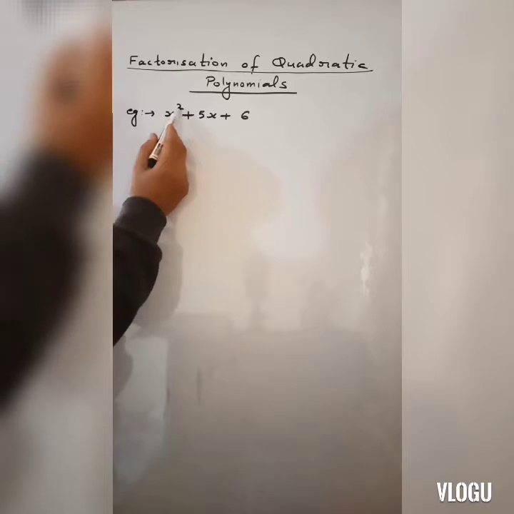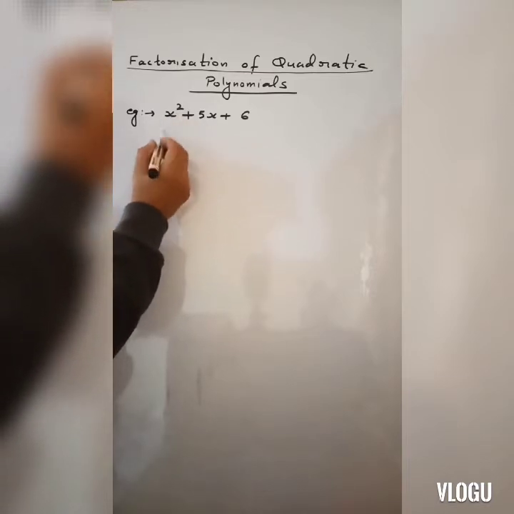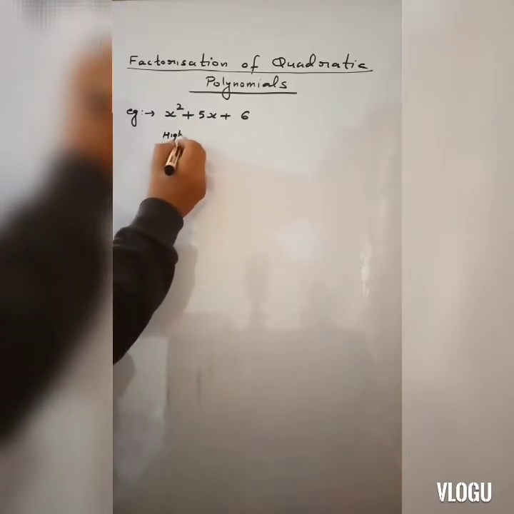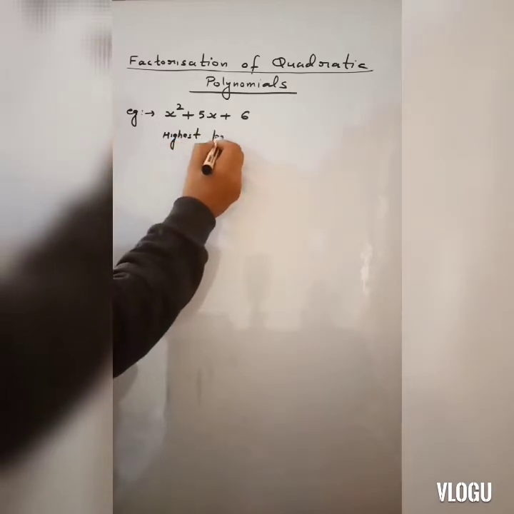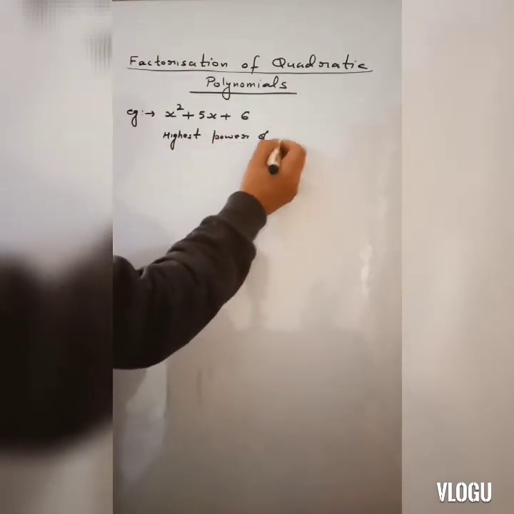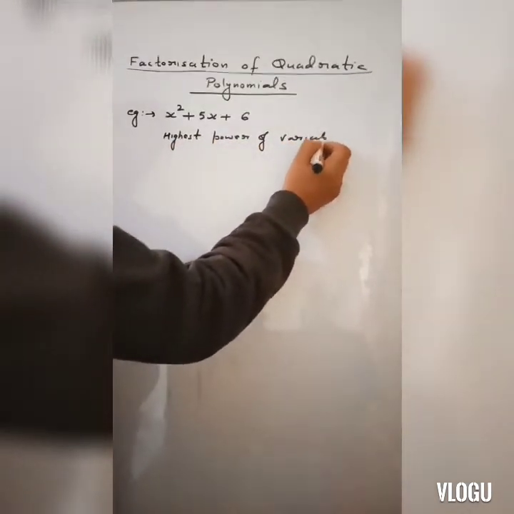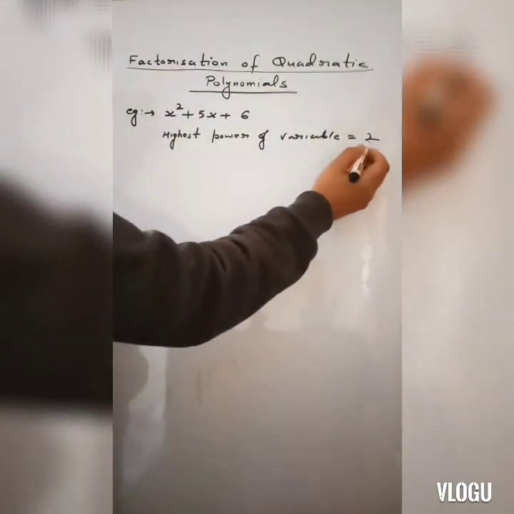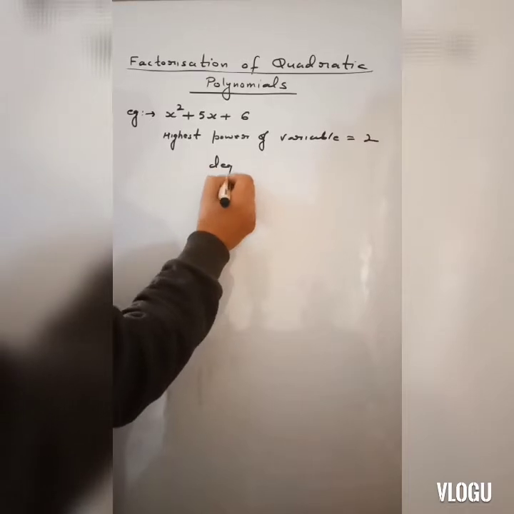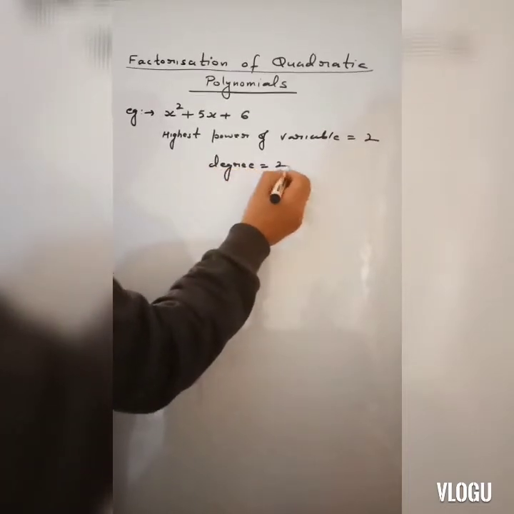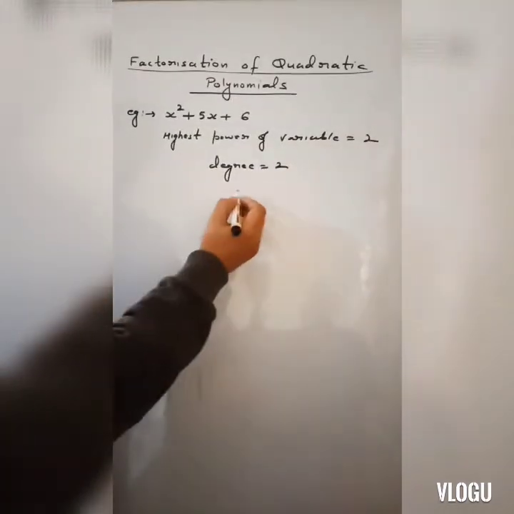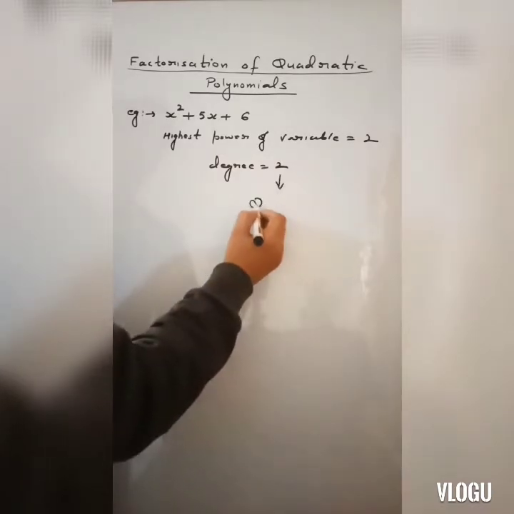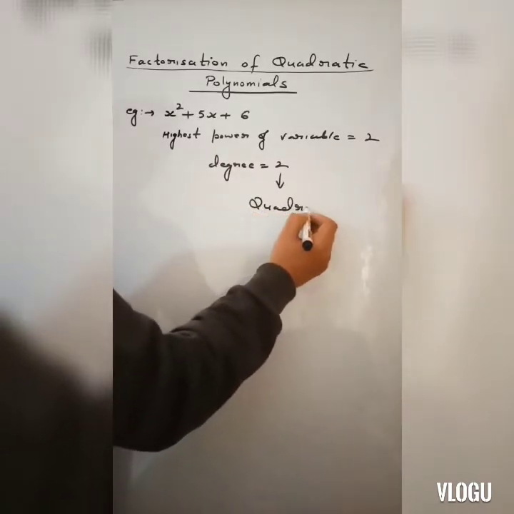In this case, the highest power of the variable is 2, so we can say the degree of this polynomial is 2, and when the degree is 2, that polynomial is called a quadratic polynomial.